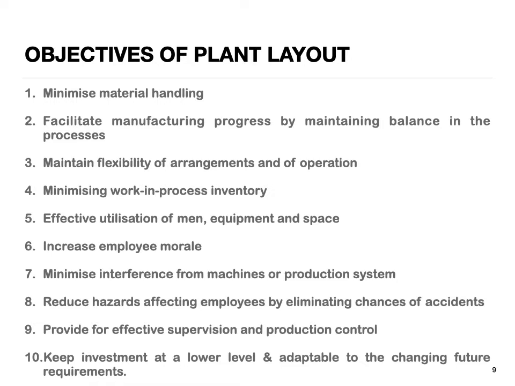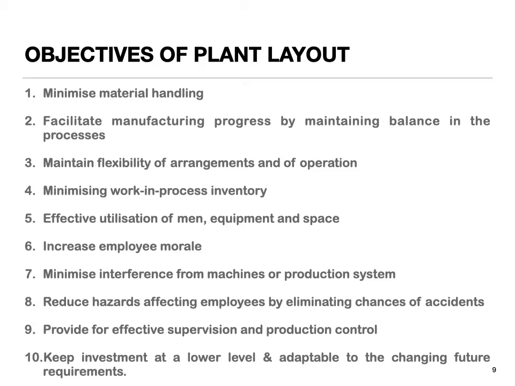Facilitate manufacturing progress by maintaining balance in the processes, maintaining flexibility of arrangement and of operation, minimizing work in process inventory, effective utilization of man, equipment, and space. Okay, very important. Increase employee morale, minimize interference from machines or production system, reduce hazard affecting employees by minimizing chances of accidents.